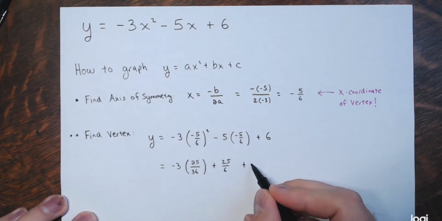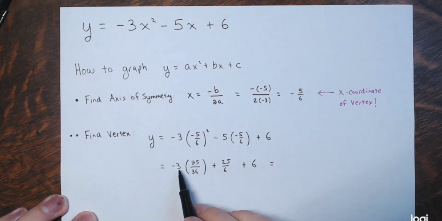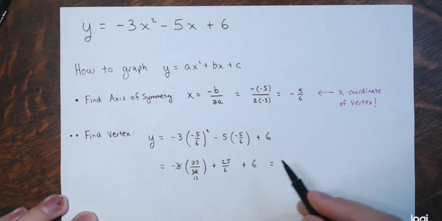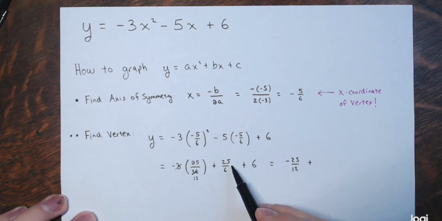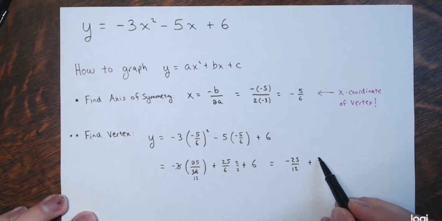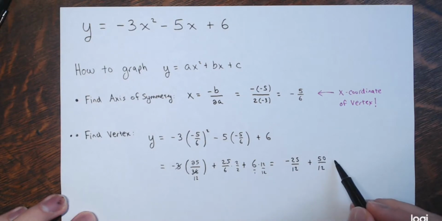And then plus 6, so I need a common denominator. 3 goes into 36 12 times, so this is negative 25 twelfths, plus 25 sixths, which I multiply by 2 over 2 to get 50 twelfths. And then multiply the last 6 over 1 by 12 over 12 and get plus 72 twelfths.